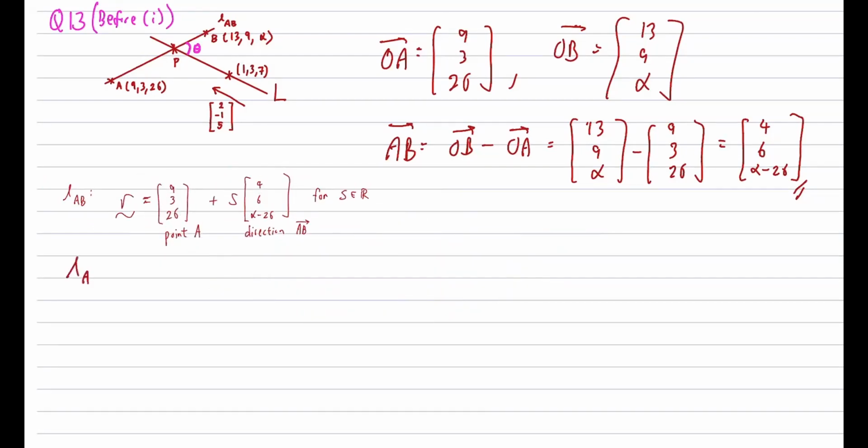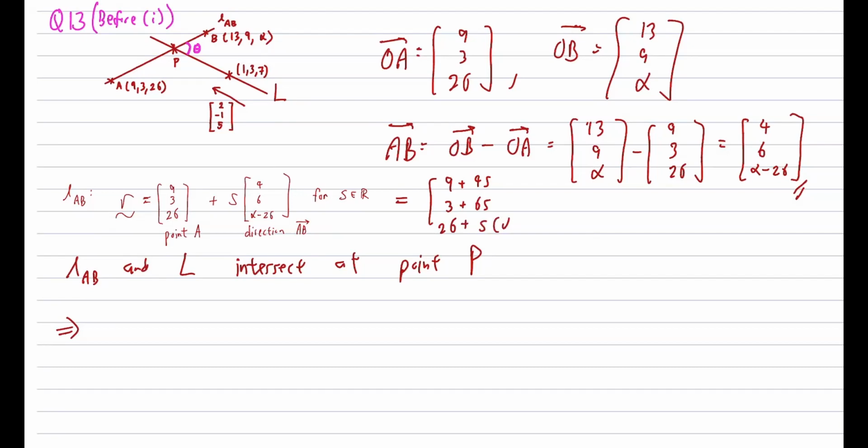So L_AB and L intersect at point P. This implies that I can just rewrite this as (9 plus 4s, 3 plus 6s, and 26 plus s times alpha minus 26). This part, is it clear? s bracket alpha minus 26 and plus 26? Yeah. Okay, good.